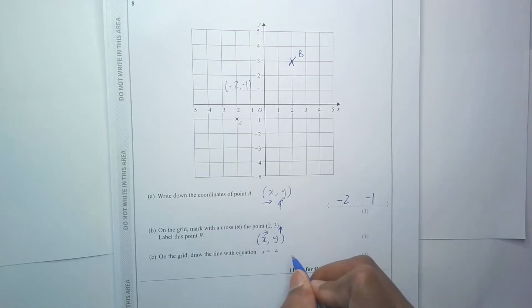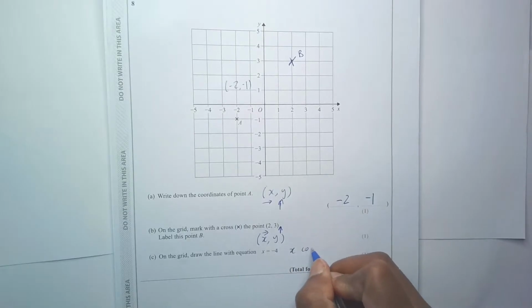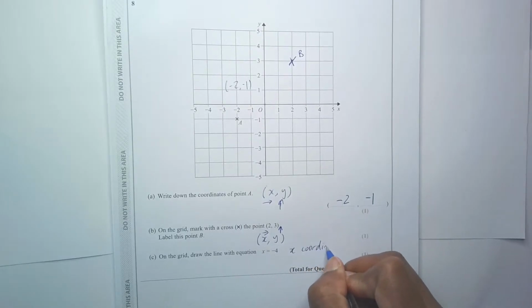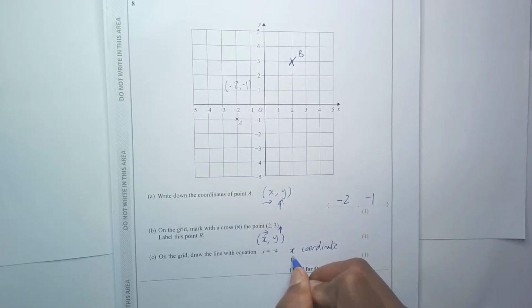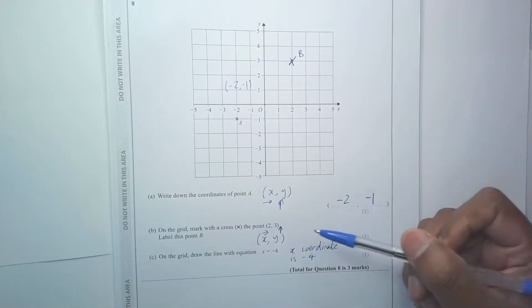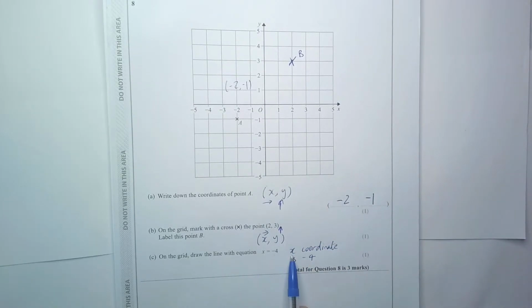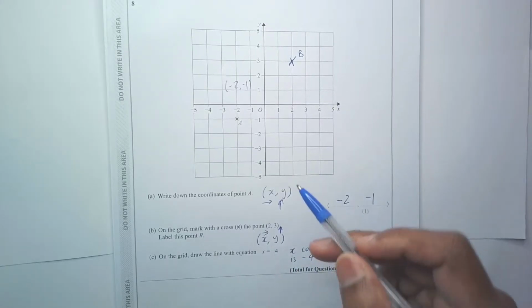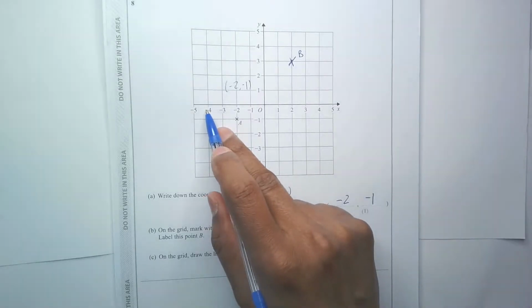And on the grid, draw the line with equation x equals -4. So this means that the x coordinate is -4. So when I am thinking about this, I'm looking for any coordinate that has got x, which is -4. So I've got the x-axis here, -4 is here.